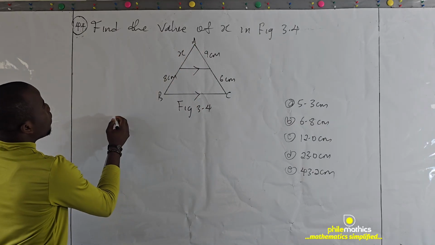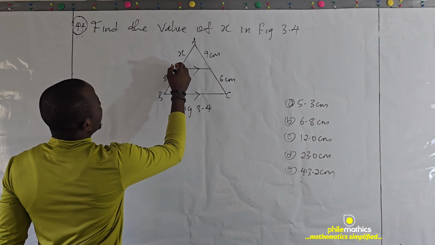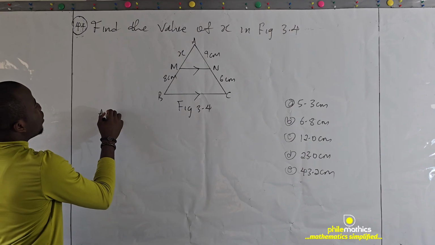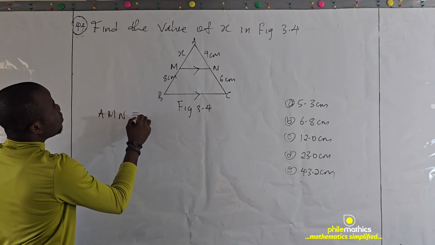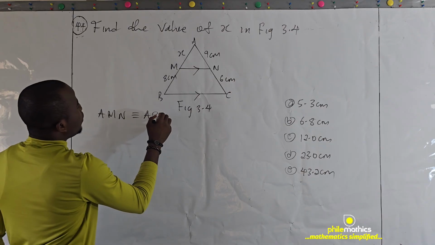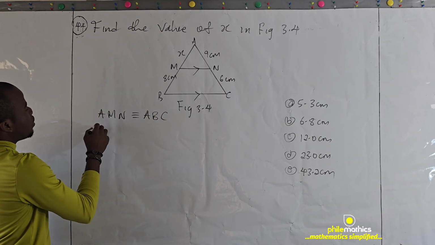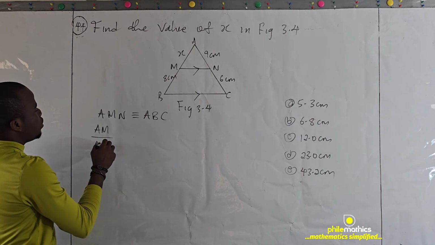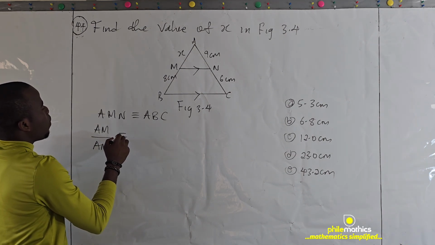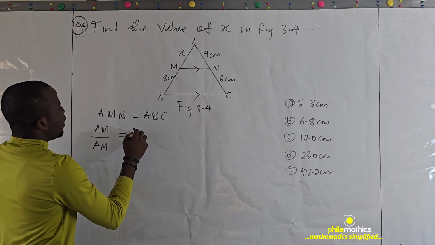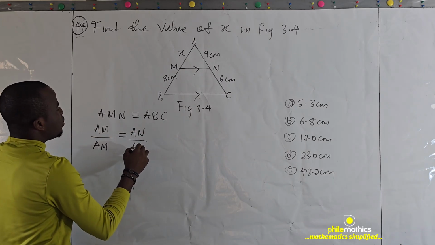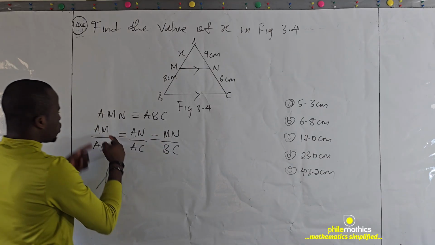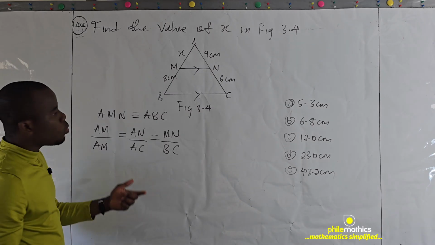And so if here is MN, we know that AMN is similar to ABC, so that AM over AB is equal to AN over AC is equal to MN over BC. And so using this relationship, with the first two, we can get the job done.